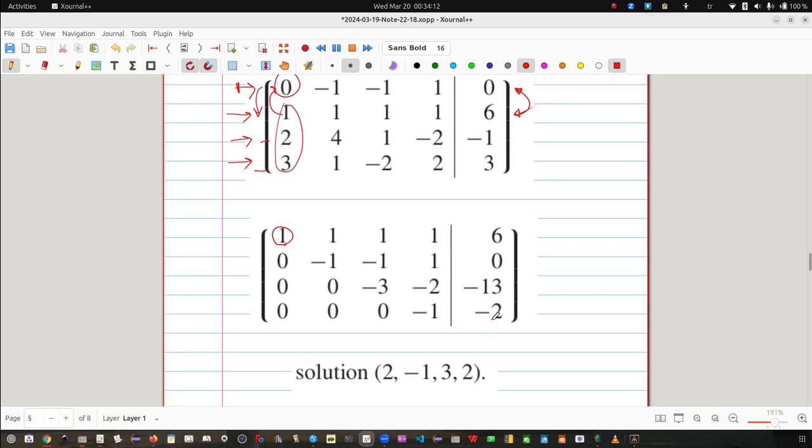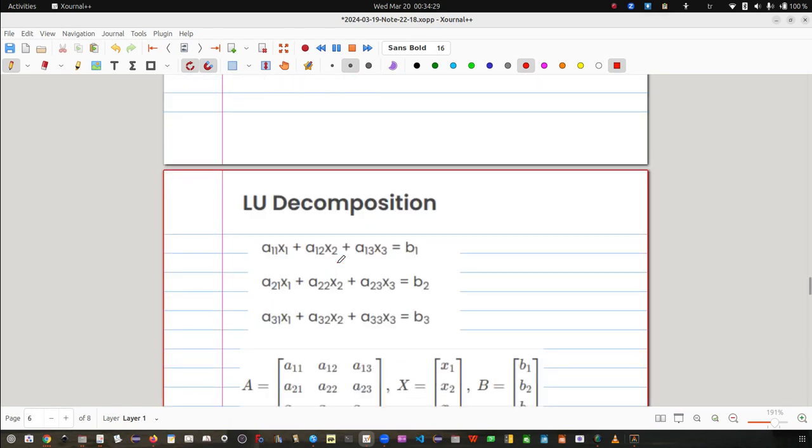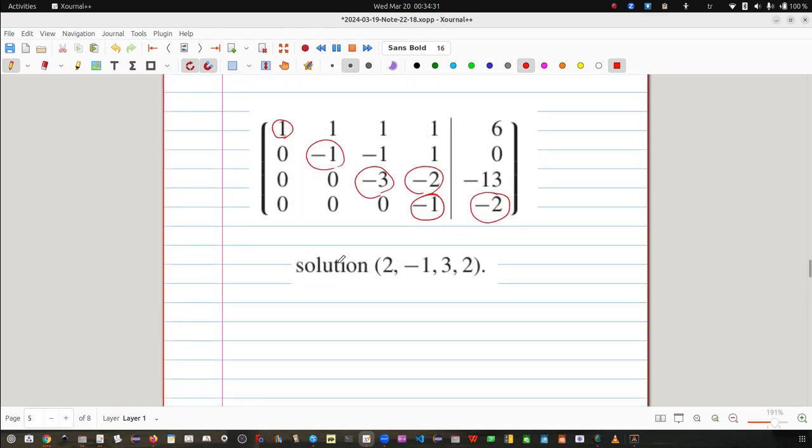Then from here we go backward and find the fourth variable by solving here, then go back and put it here and find the third variable, and similarly the second variable and then the first variable. This is the process which only by practice we can master, but there should be no difficult part except practice.